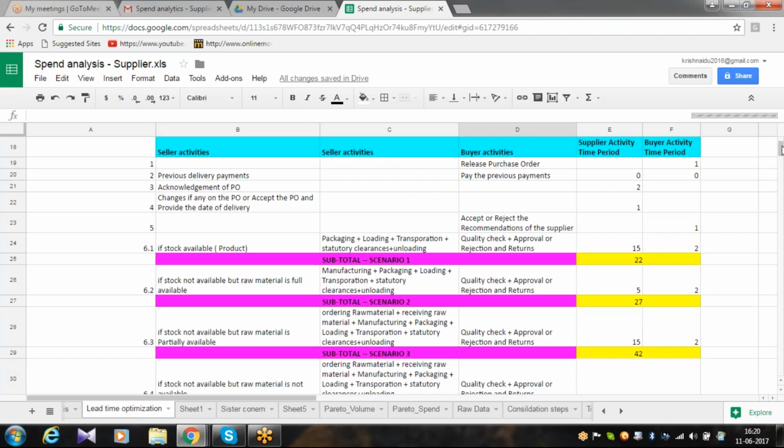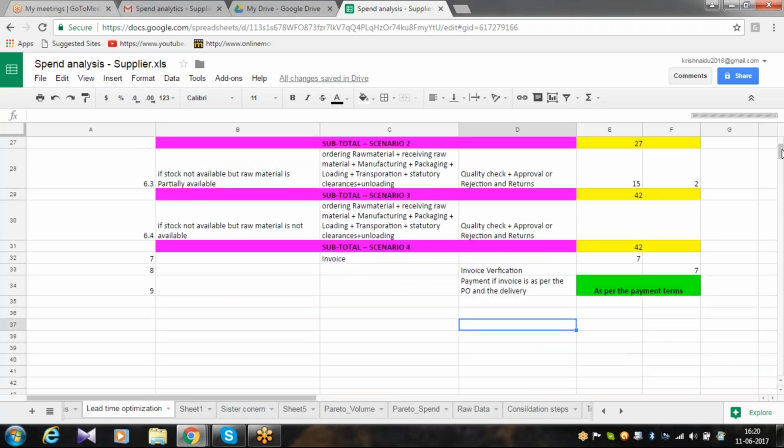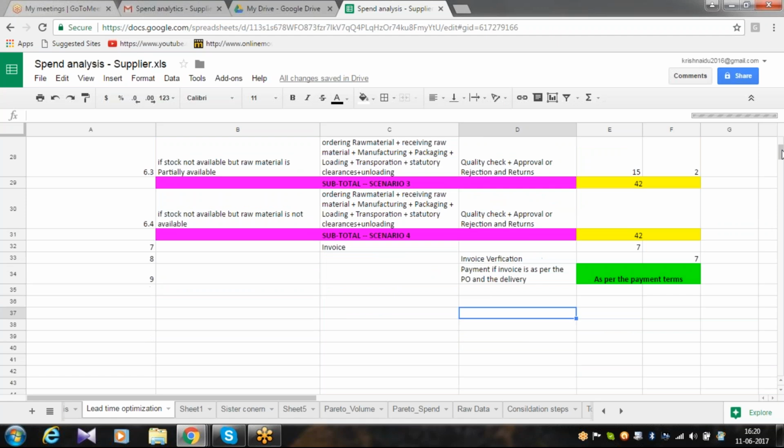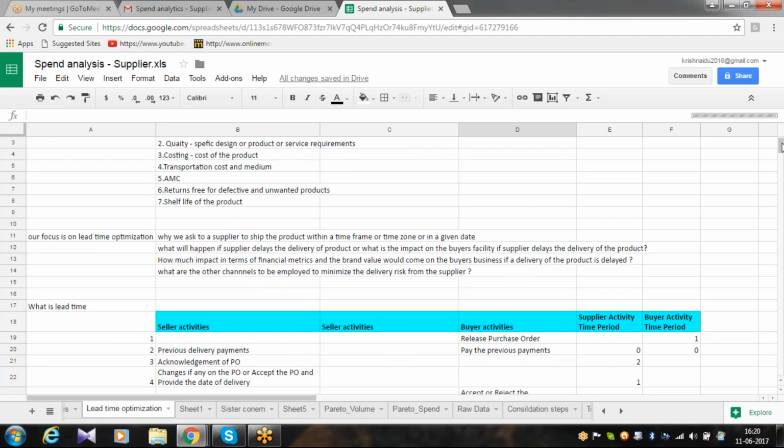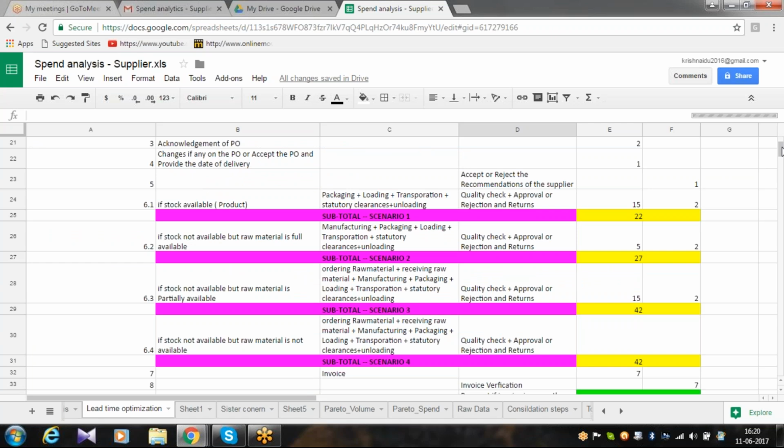Okay, so when we look at this, what is the best way to reduce the lead time or the delivery time from supplier to buyer? Based upon the activities chart which we have drawn, we have mentioned 4 scenarios.